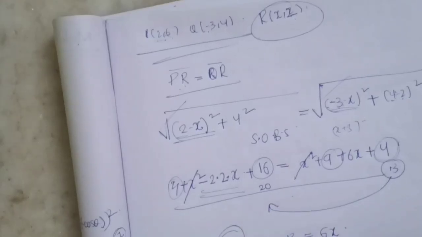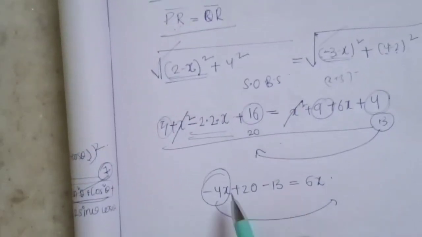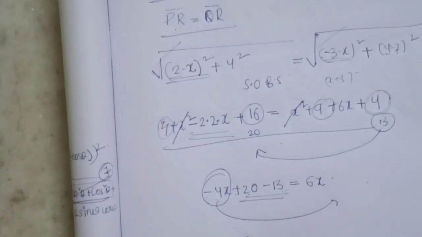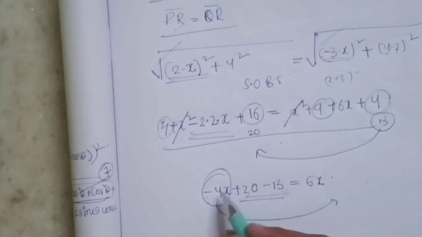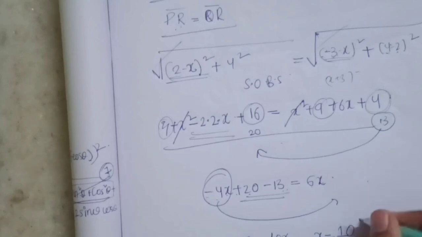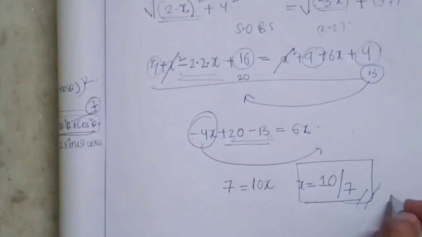Send this x down to that side, so here it is minus 4x. If you send that side, it becomes plus. So 20 minus 13 is 7, which is equal to 6x plus 4x, which is 10x. So we get the x value, which is not real, it is 10 by 7. So this is the x value, right?